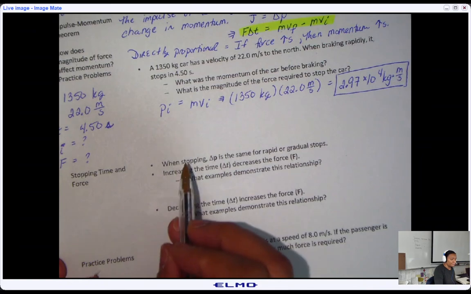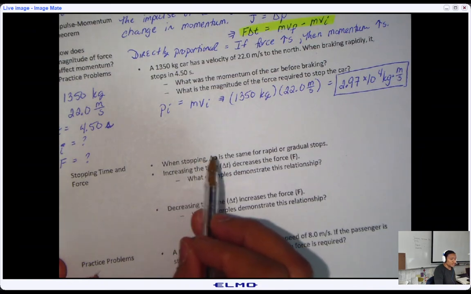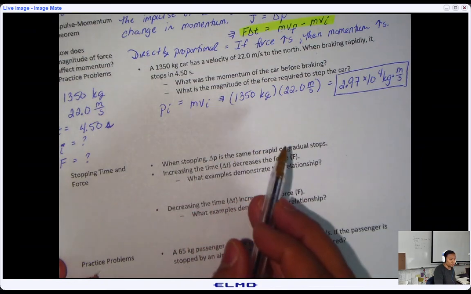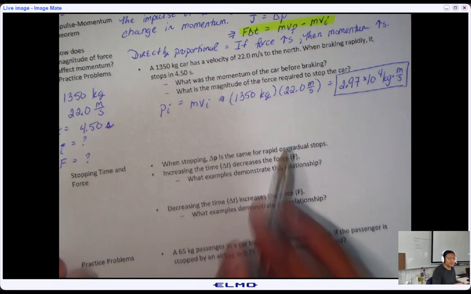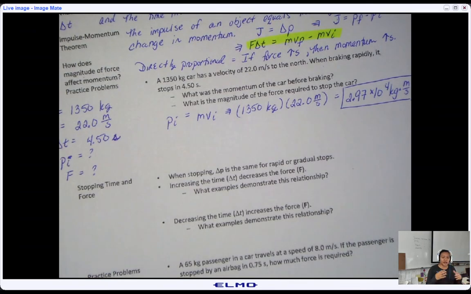When stopping, the change in momentum is the same for rapid or gradual stops. So it doesn't matter if I'm moving 50 miles per hour and then I slow down over a long period of time. The fact is, if I started at 50 miles per hour, I am still going to 0.